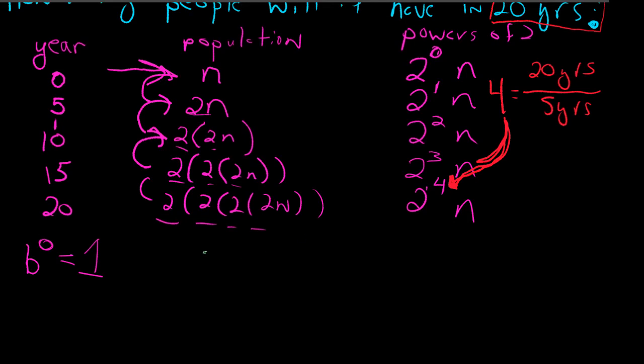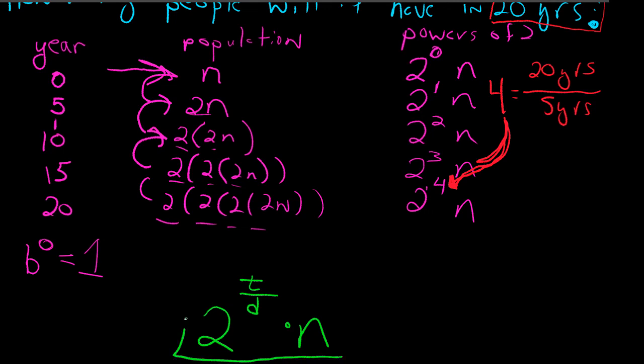And so we have this idea now that we can say, let's see, I'll use lime green for Janine, that when I have a problem like this, I can take that it's my 2 to the power of my time divided by my doubling time times what I started with.